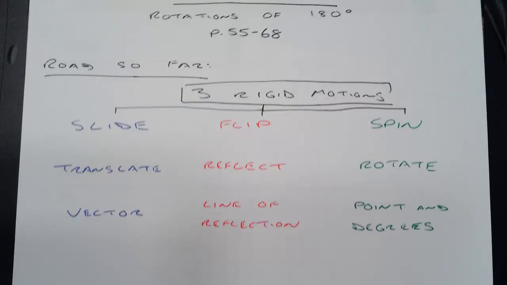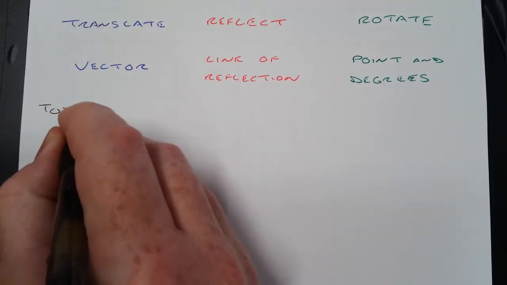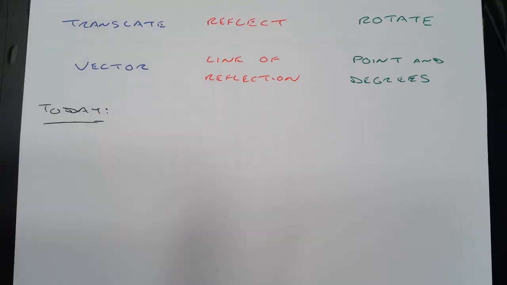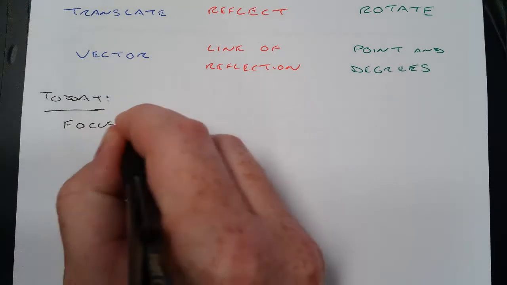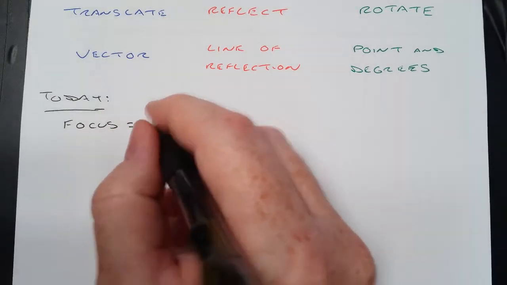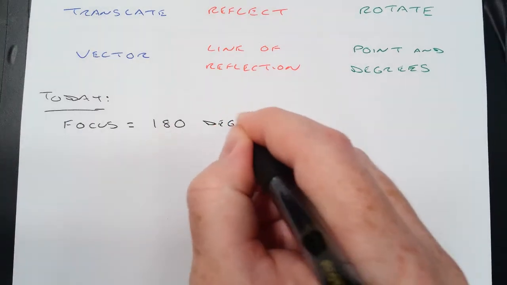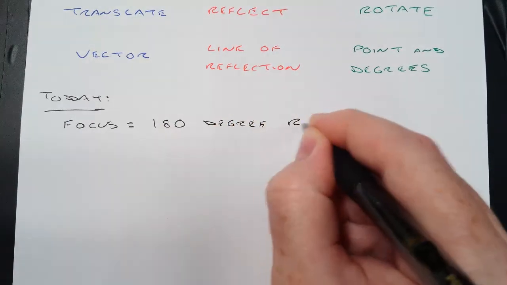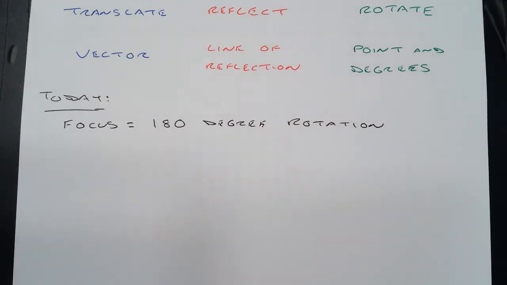Now, that's what we've been studying. Let's talk about what we're going to do today. Today, our focus is on a specific rotation, a 180-degree rotation. So we talked about rotations the other day in lesson 5. Now we're going to focus on one specific kind of rotation of only 180 degrees.